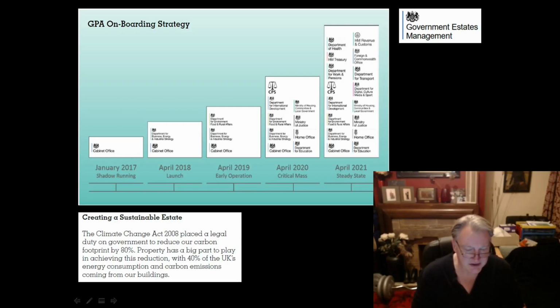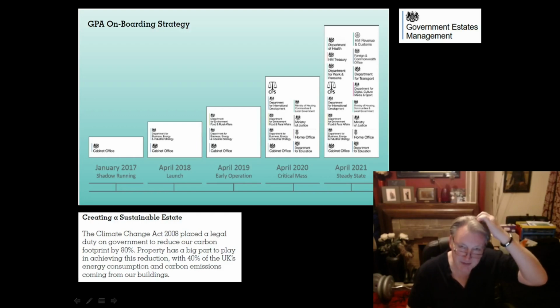And the fact that they're going on to say about the extent of the reduction of carbon, 80%. And then 40% of that, and that means to do with the energy consumption and carbon emissions coming from the buildings.